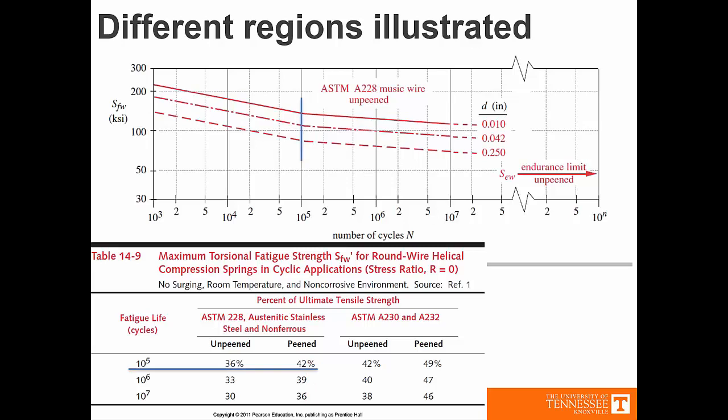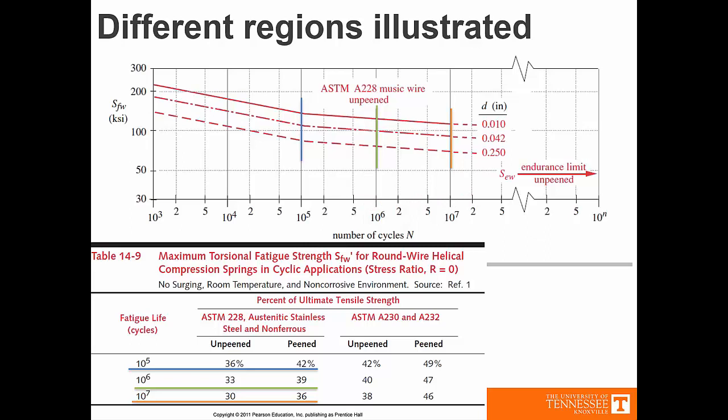So we have one strength for 10^5, another strength for 10^6, and a third for 10^7. And these percentages of ultimate strength are something that are calculated at the beginning. So rather than getting a single endurance strength, what we're going to get is multiple fatigue strengths at different cycles.